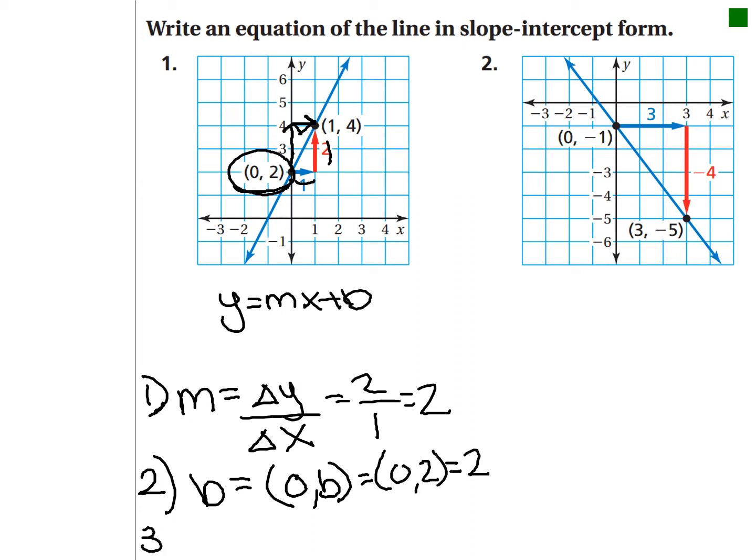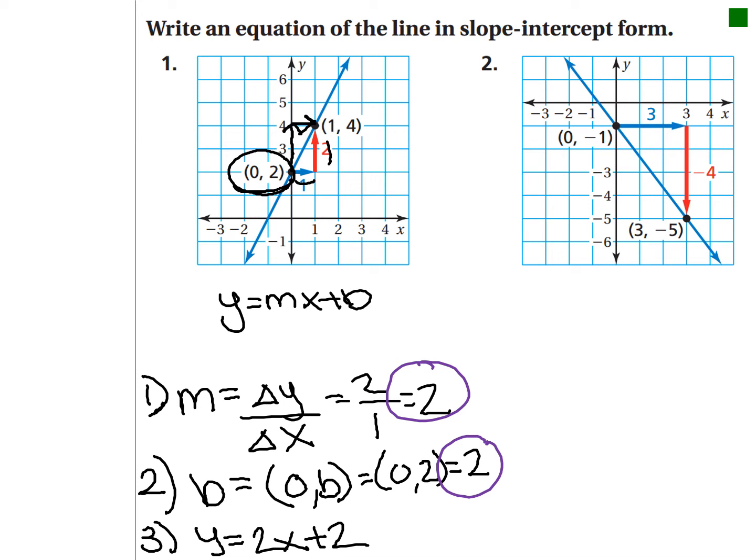The third and final step is to plug in these numbers that we found right here, the slope, the intercept, into our skeleton equation. So last but not least, y equals, m is 2, so I'm going to put in 2 for m, x plus the intercept is 2, so I'm going to plug in 2 for b. And we're done. You made the equation.